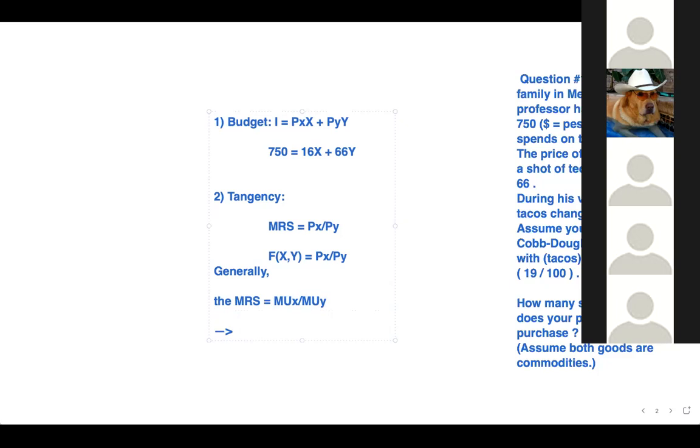So it's not literally just a toy for us to learn how to solve these problems, but it has a particular type of mathematical simplicity that makes it very useful for learning utility maximization. It turns out that the marginal rate of substitution in the case of the Cobb-Douglas is just alpha Y over beta X.